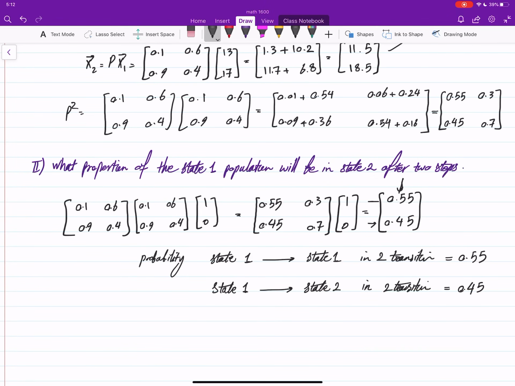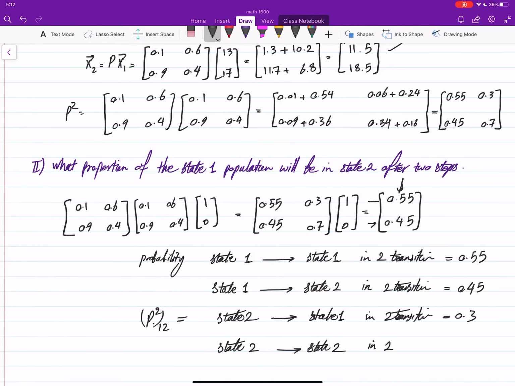And for the other components, from state 2 to state 1 in 2 transitions, this component of P2 is 0.3, and from state 2 going to state 2 in 2 transitions is equal to 0.7.